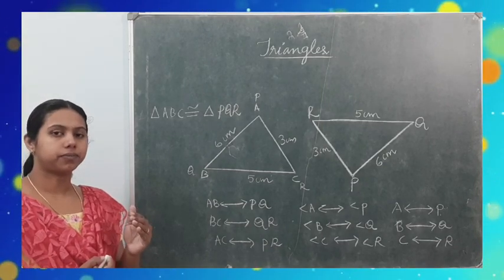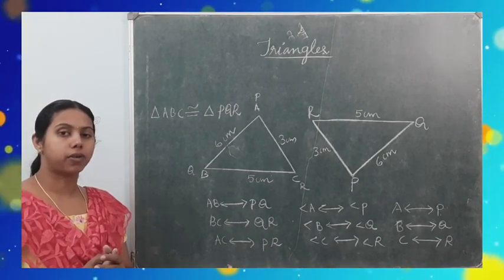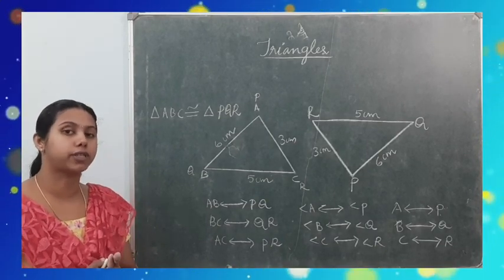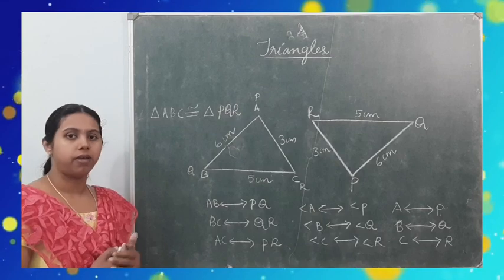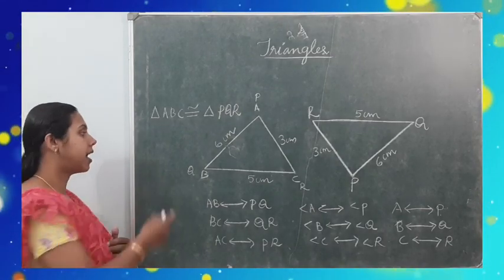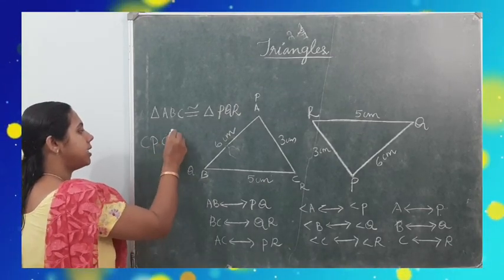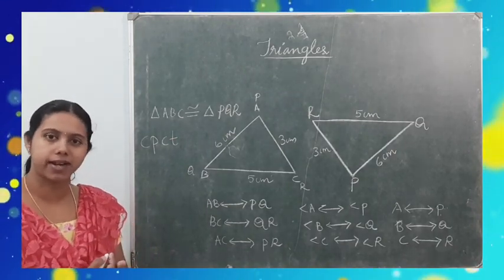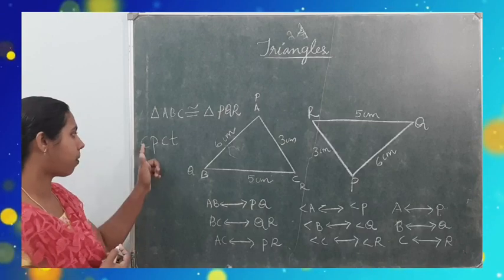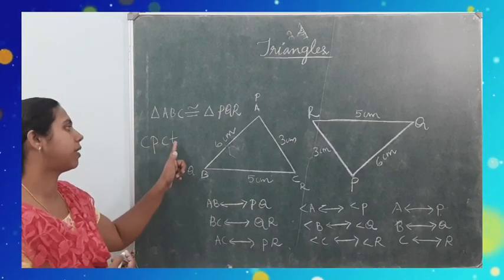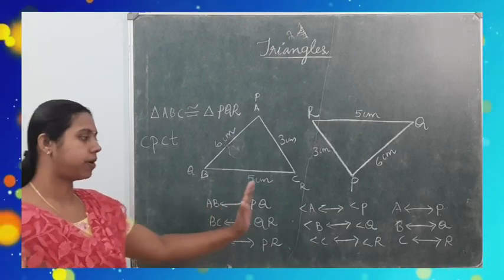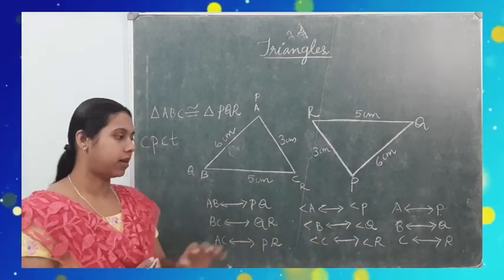And we know that the corresponding parts of congruent triangles are equal. Very shortly we represent it as CPCT, corresponding parts of congruent triangles. In earlier classes you have studied this. If two triangles are congruent, then their corresponding parts are equal.